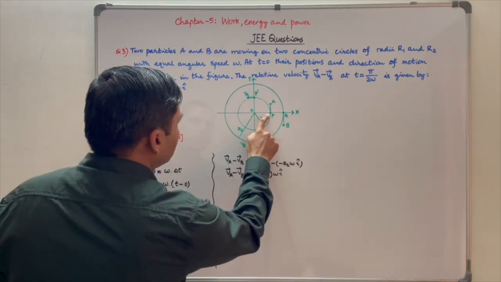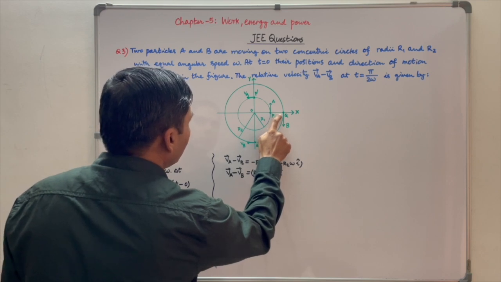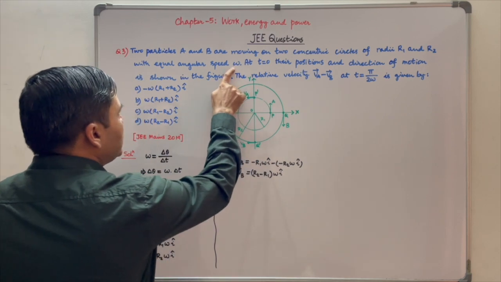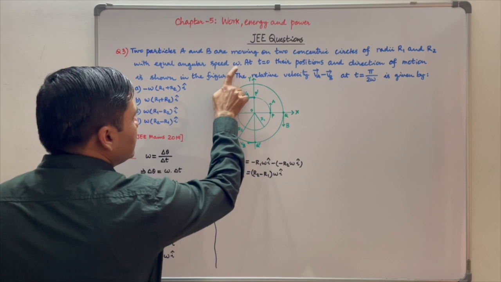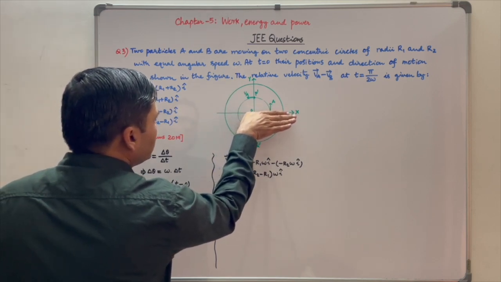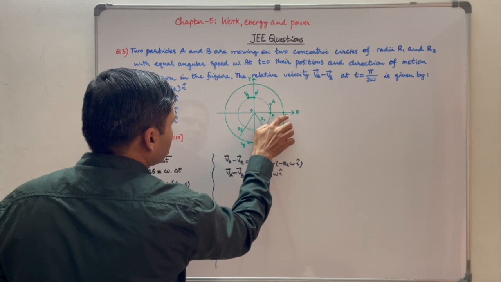At t is equal to 0, the first particle is at P and the second particle is at Q. Both are on the x-axis. Their angular speed is the same. That means at any time t, they will make the same angle with the positive x-axis. The magnitude of the angle will be the same, but the sign will be opposite as the particles are moving in opposite directions.